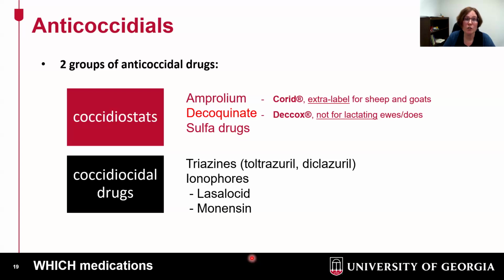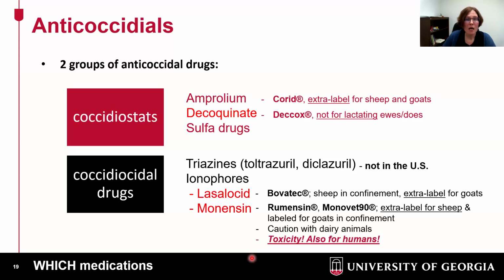Decoquinate is actually approved for small ruminants, however, it's not for lactating use. And amprolium is extra label use, so this is not licensed or approved. It's used, it's efficient, however, it should only be used if there is no other approved option that makes sense for that operation.